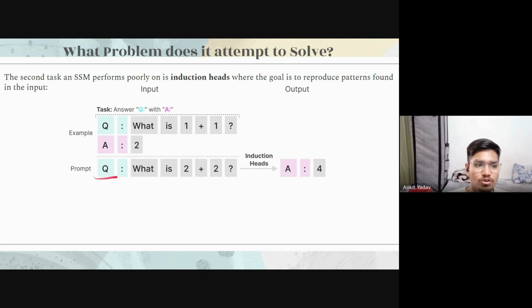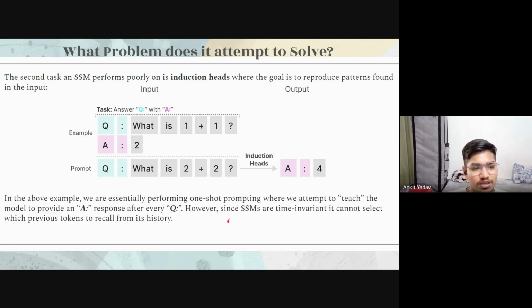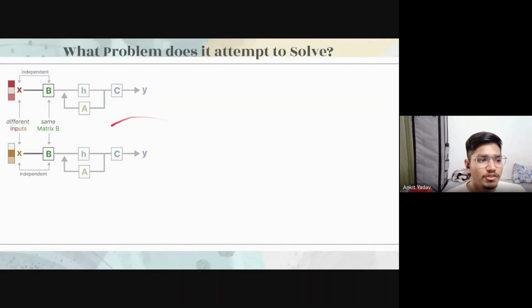Now if I give a prompt what is 2 plus 2, the answer should be 4. But they don't have these learnable parameters A, B, and C that change over time. This just fails this concept completely. They don't know how to understand what was in the previous time because of the lack of dynamic nature of these parameters. If I visualize it, B is the same in both scenarios, even though the input is different.